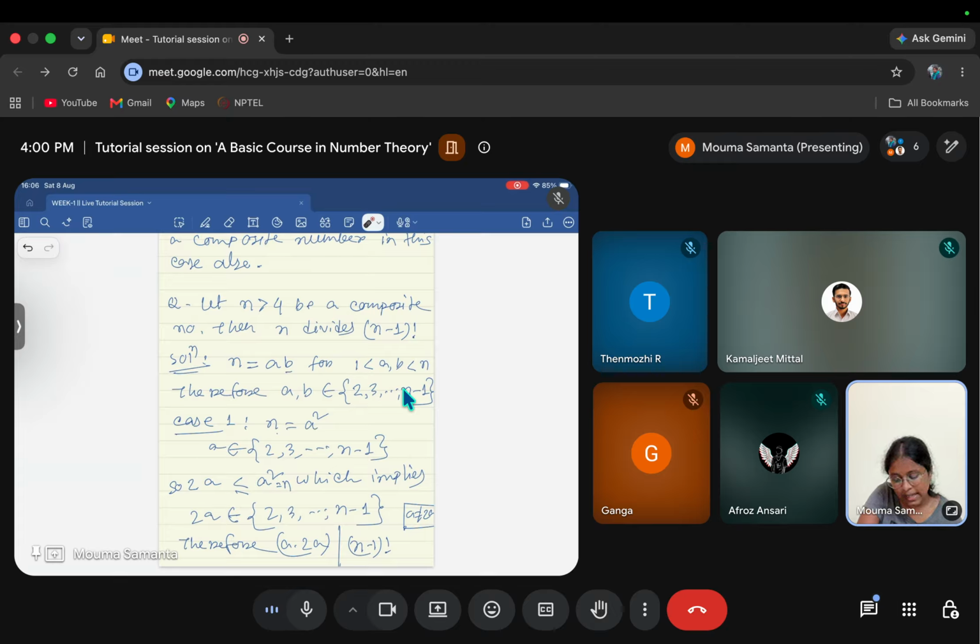Now since a is greater than or equal to 2, therefore 2a is less than or equal to a square. If 2a is less than or equal to a square, then 2a will also lie in this set, and since 2a lies in this set, a divides n minus 1 factorial, and 2a also divides n minus 1 factorial.